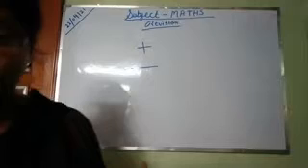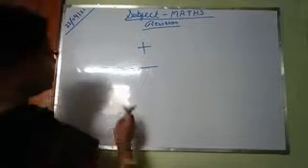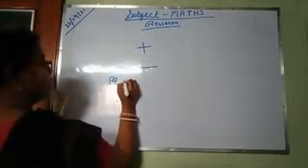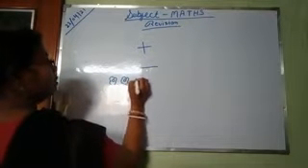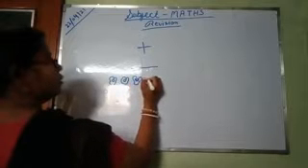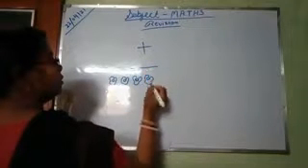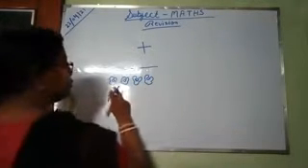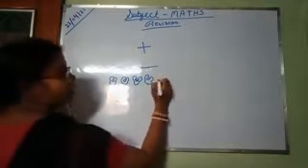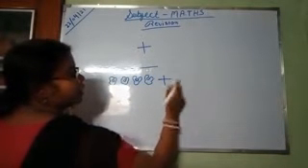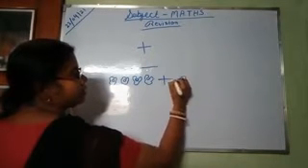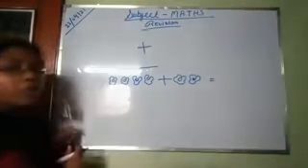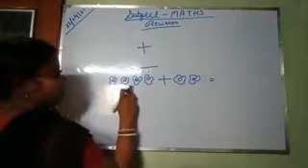Likewise, I will show you in pictures also. Suppose 1, 2, 3 flowers, and this is the sign of addition, plus, and here it is 2, and here is equal to. So how many total flowers? 1, 2, 3, 4.